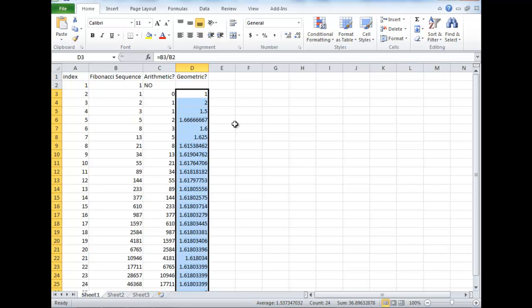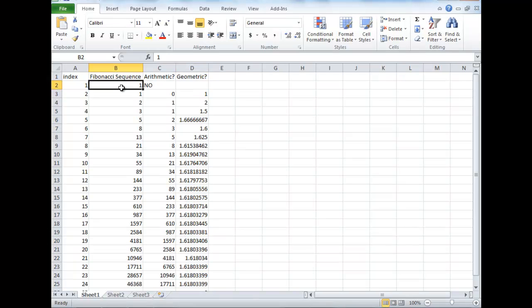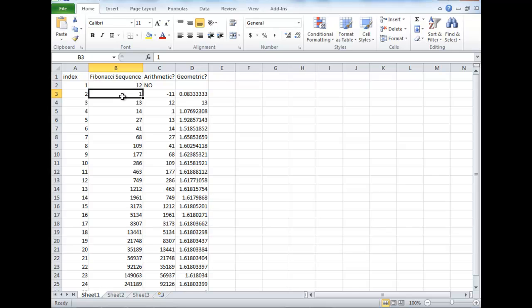How about if I change my first 2 numbers? Still the same, sort of. It still approaches the same value. This is the amazing thing about the Fibonacci sequence. You don't actually have to start with 1 and 1 to get that ratio to be approaching the golden mean.